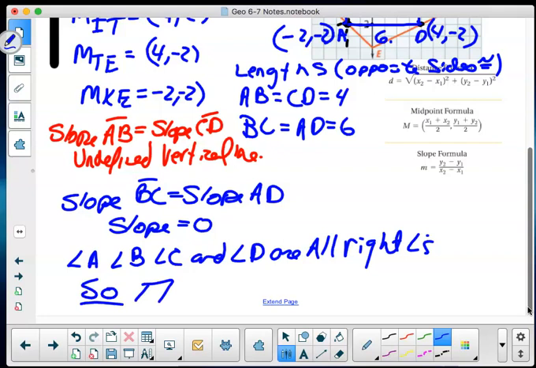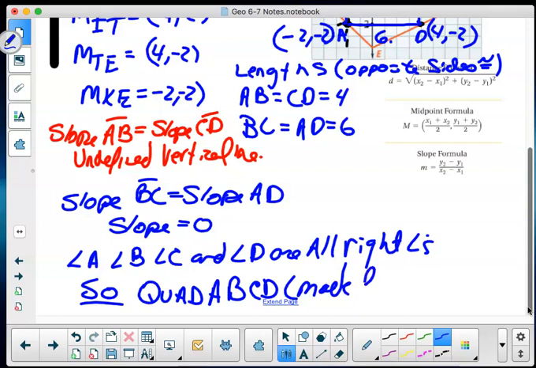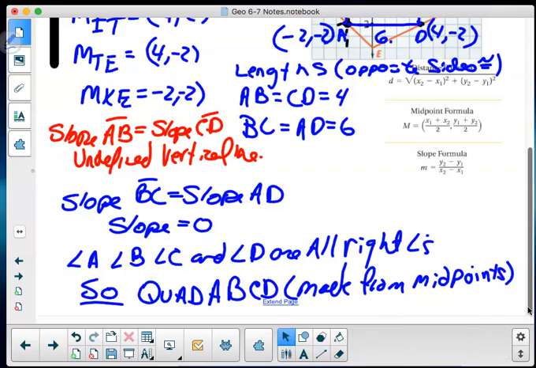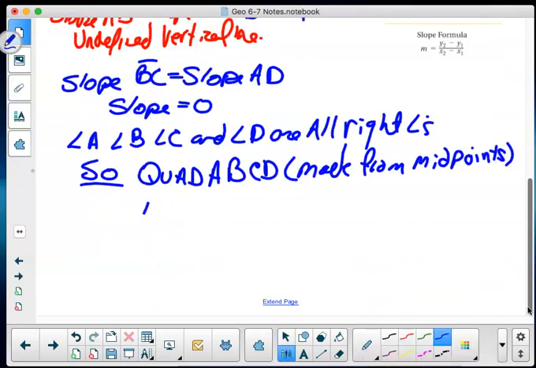So the parallelogram ABCD is, let's do it this way. So the quadrilateral, the quad ABCD, because that's what we did, made from midpoints, is a rectangle.